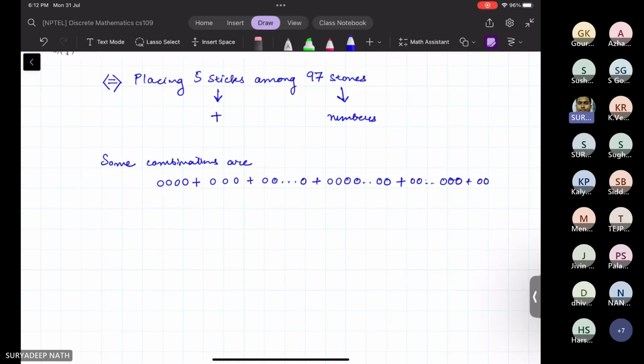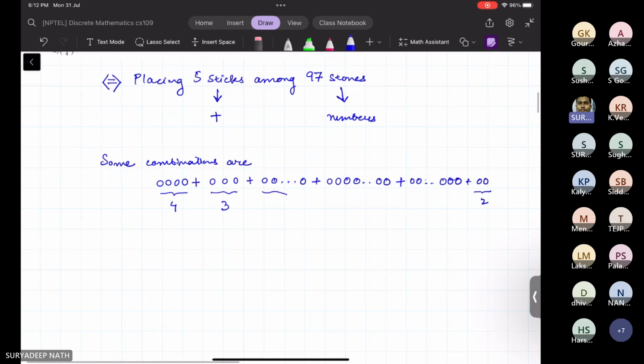So this is one possible combination. These stones basically represent 4. Let's say this represents 3. This is 2. This is 9.